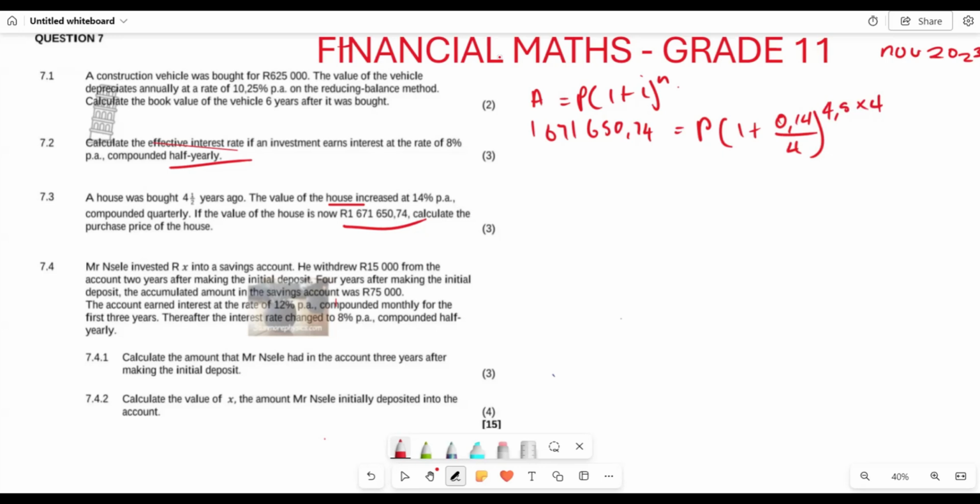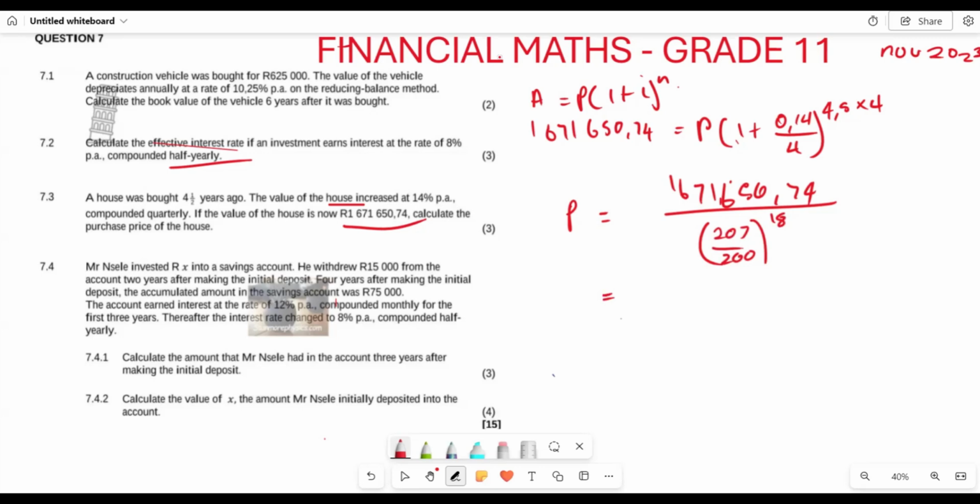But now we are looking for the principal amount. Whenever you're looking for the principal amount, you divide both sides, and you will be left with P. So P is the same as 1,671,650.74 divided by what you get when you plug this into your bracket, which is about 1.035, to the power of 18.